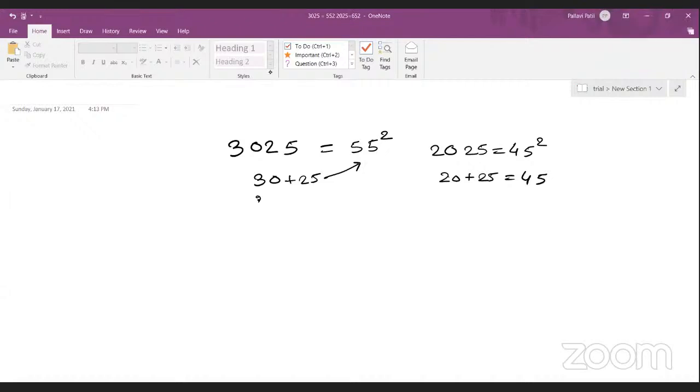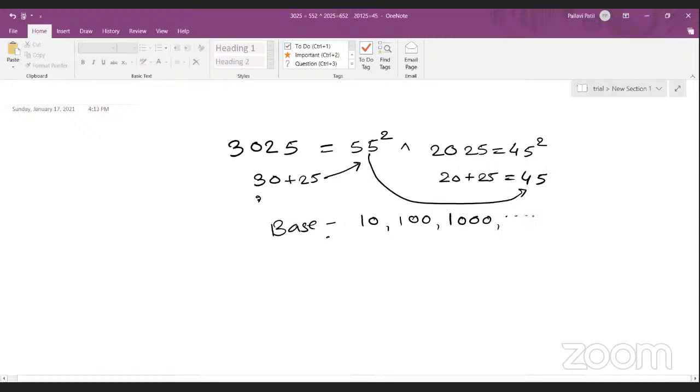And 55 and 45 are complements of each other. A complement is basically numbers that add up to base numbers. And base numbers are 10, 100, 1000, and so on. So it's basically 10 raised to n. 55 plus 45 is 100. So this is very interesting.